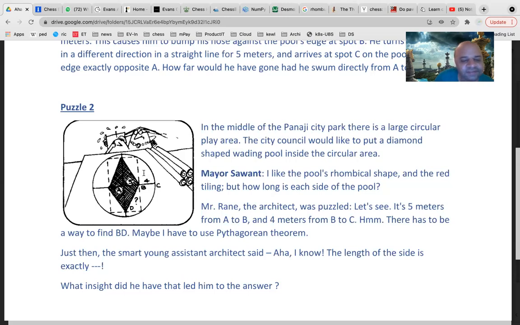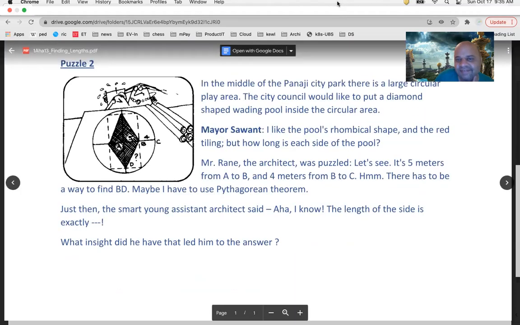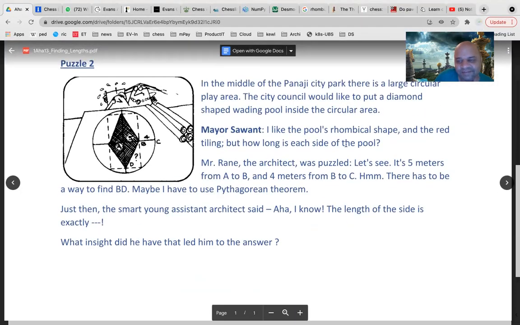Sir, when they want the length of this side, that means they want BD. Yes, once you get BD, then all the sides are equal. You're right. You want to know what BD is. Go ahead, Pranav.